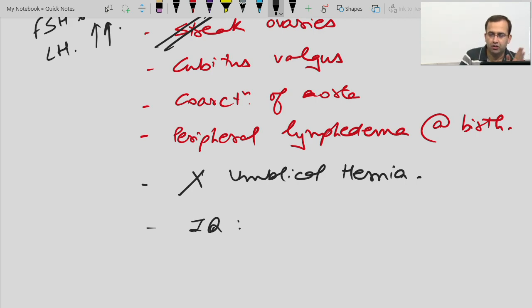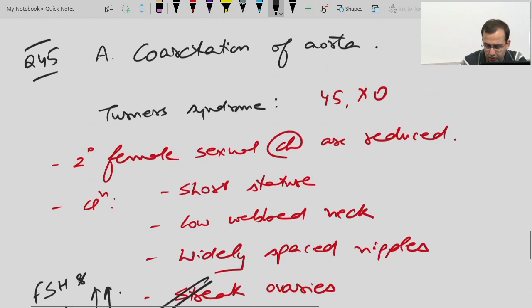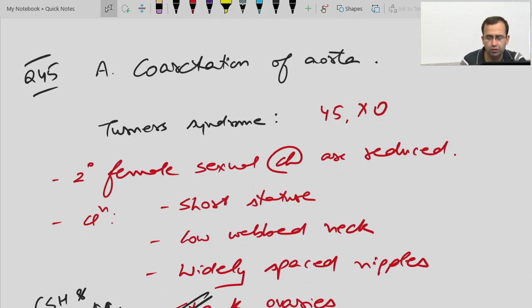Easy to remember. So Klinefelter's, which has more X chromosomes, has low IQ, whereas Turner's is XO, so the IQ is normal. These are the other questions associated with Turner's. So the answer was coarctation of aorta.